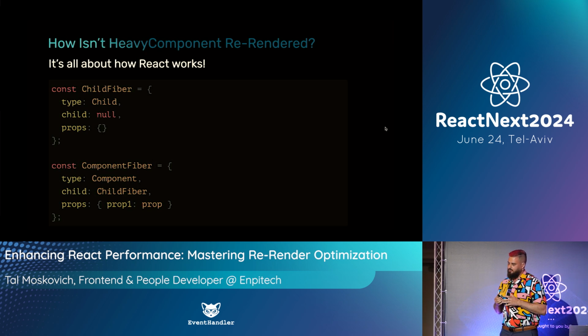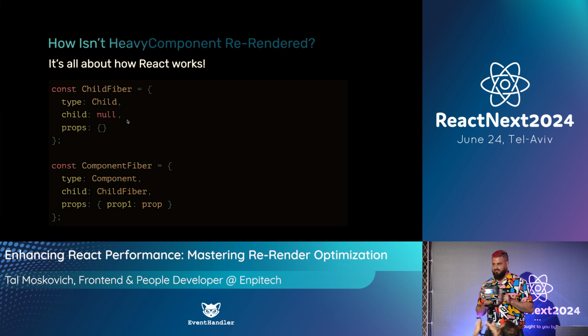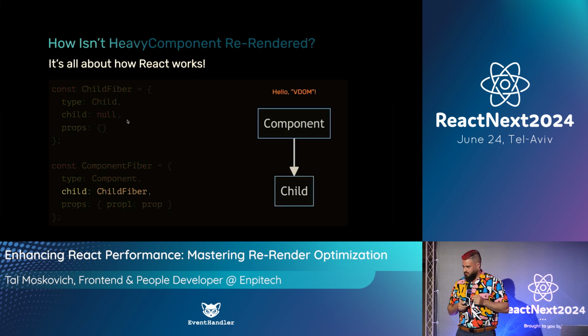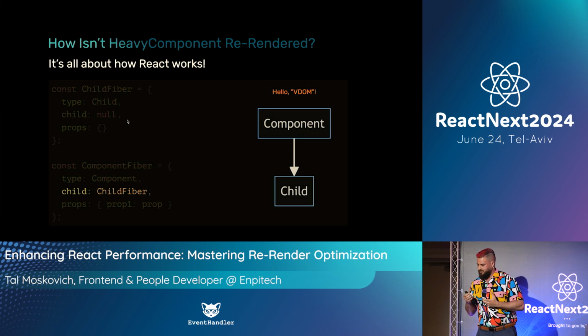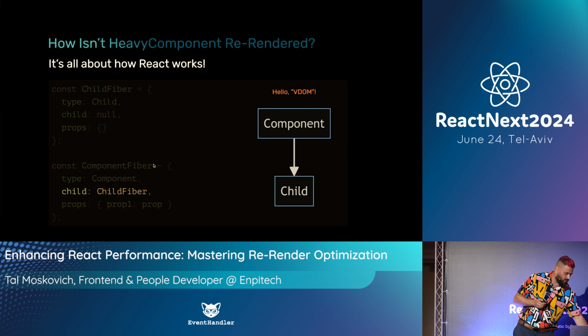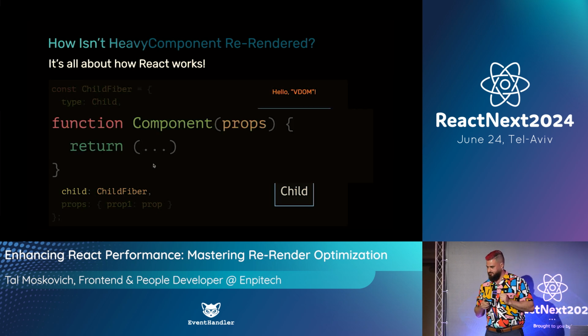I think the most important attributes will be the type, which is a pointer to the functional component, the child, which is not children, it's just what this component rendered, and of course the props. Okay? And that's actually the so-called VDOM of React, because as you know, React doesn't have a real VDOM, but this connection in the child attribute is the connection between the component with the father and with the child.